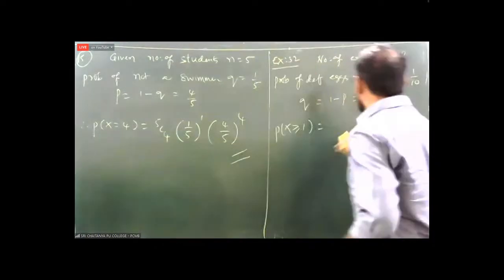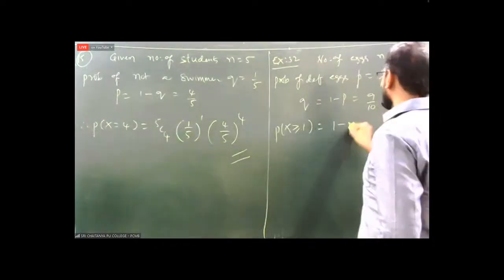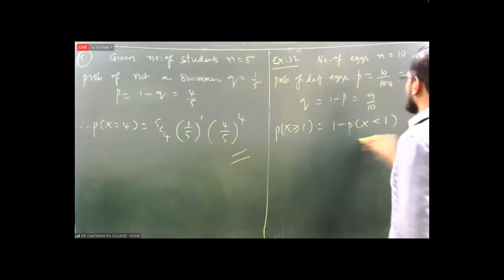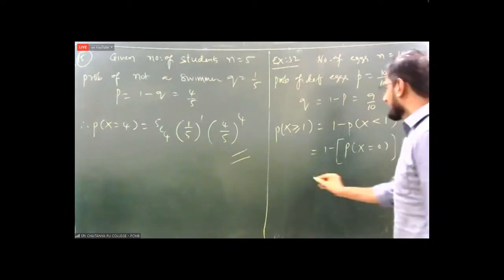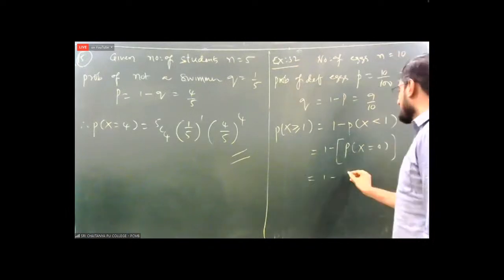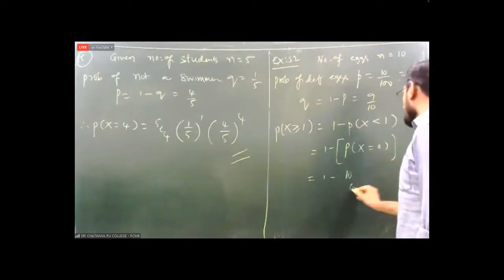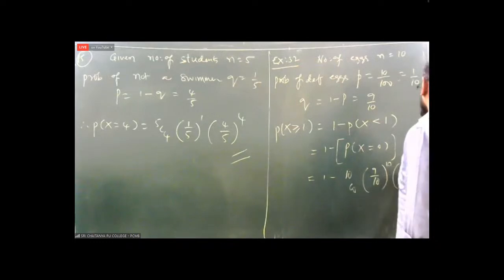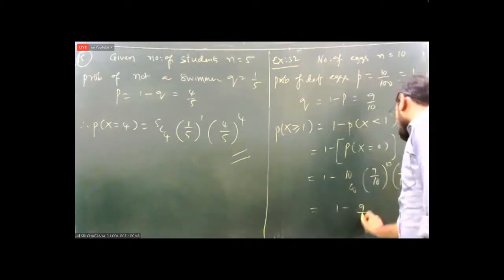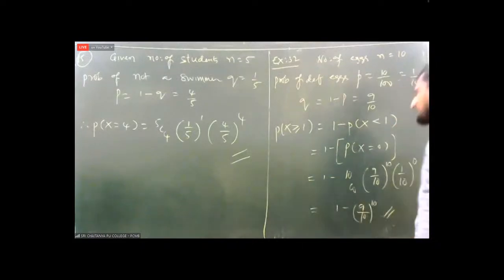So what I am going to say is 1 minus P of X less than 1, which is equal to 1 minus P of X equal to 0, since the only value less than 1 is 0. That is 10C0 into Q to the power of 10, 9 by 10 to the power of 10, into P to the power of 0, 1 by 10 to the power of 0. Now the answer is 1 minus 9 by 10 whole power 10. Copy this one slowly.